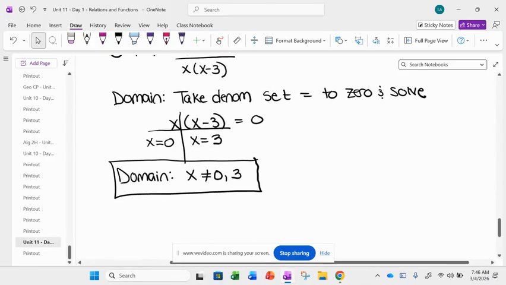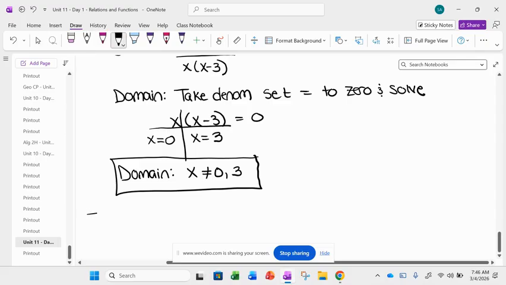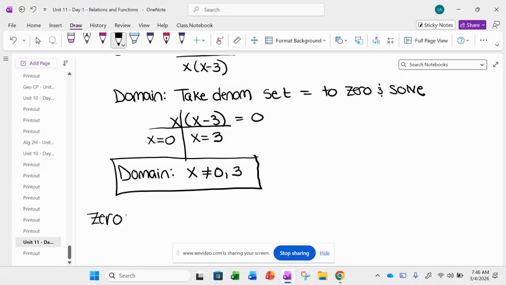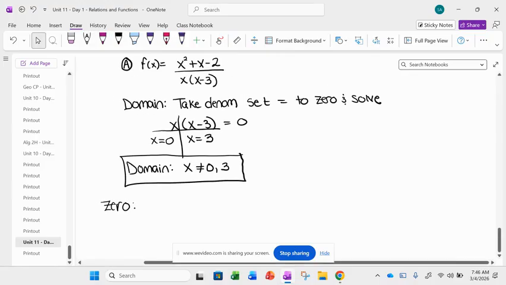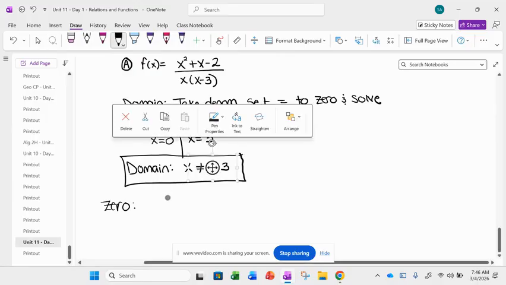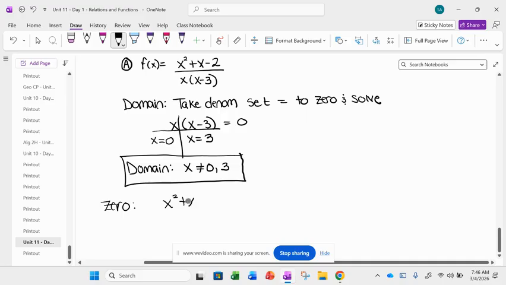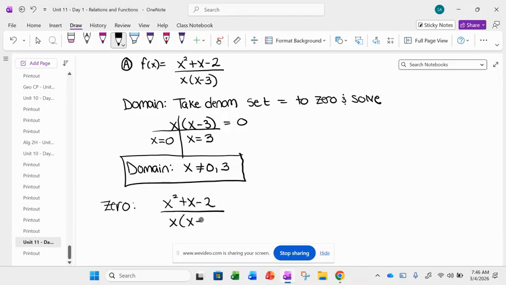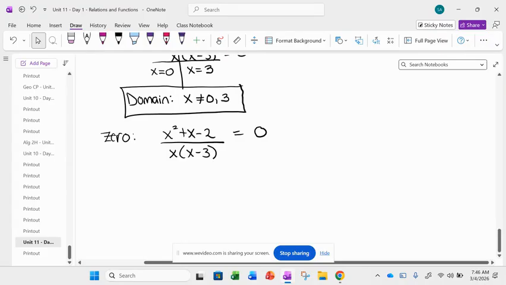Okay, the next part is finding the zeros. So to find the zero, I need what input for x will give me an output of 0. So I'm going to take my whole function and set it equal to 0. And then we solve for x.